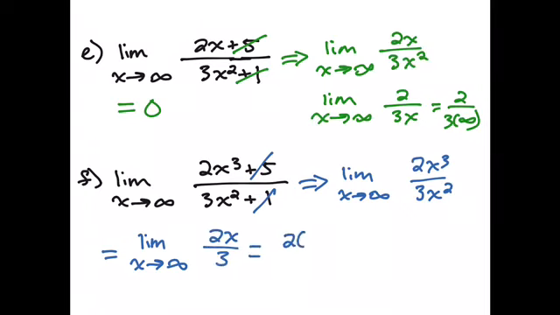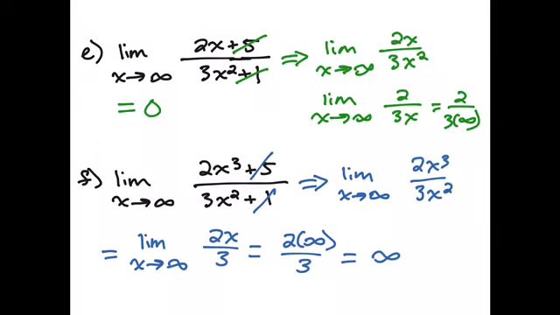If we plug infinity into that, we get 2 times infinity over 3, which is infinity. So this is a limit at infinity that results in an infinite limit. Kind of combined both lessons together there.